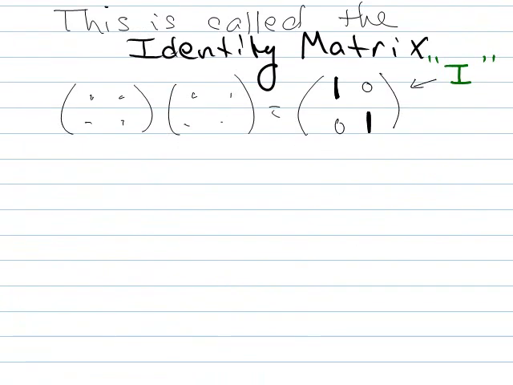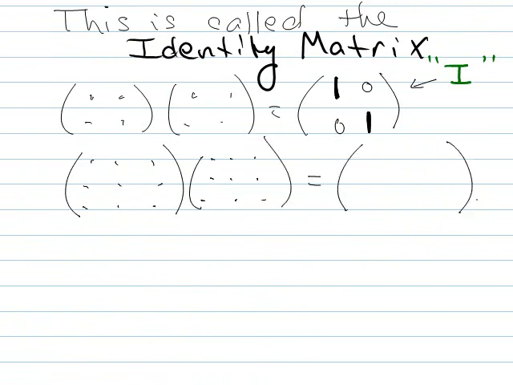And the identity matrix is different based on the size. So if I had a 3 by 3 times a 3 by 3, which would give me a 3 by 3, my identity matrix has a 1 going down the diagonals, and everything else in the matrix is a 0.